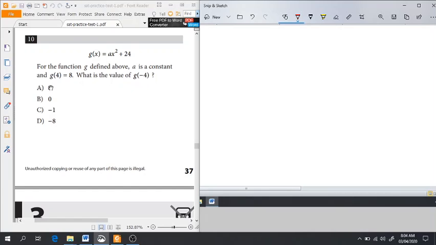By making use of this equation, g of 4 equals 8, first you need to solve for a. When you take the value of x to be 4, g of 4 can be written as a times 4 squared plus 24, and we know that g of 4 is 8. So 8 equals 4 squared times a, 16a plus 24.